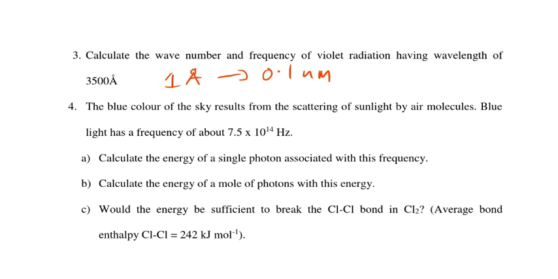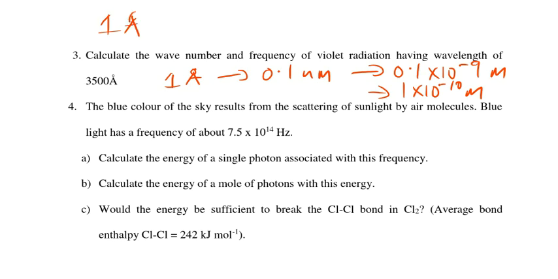We know nano is 10 to the power negative 9, so 0.1 times 10 to the power negative 9 meters. So that is just 1 times 10 to the power negative 10 meters. So 1 angstrom is equal to 1 times 10 to the power negative 10 meters.